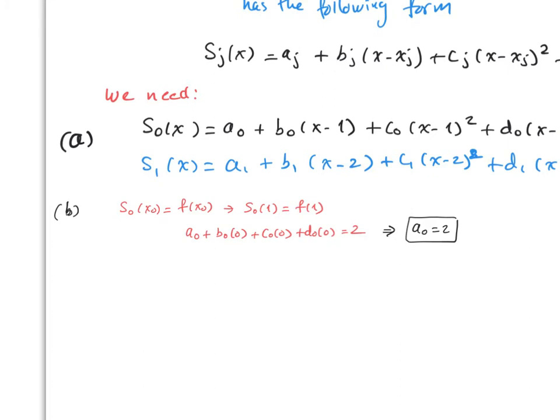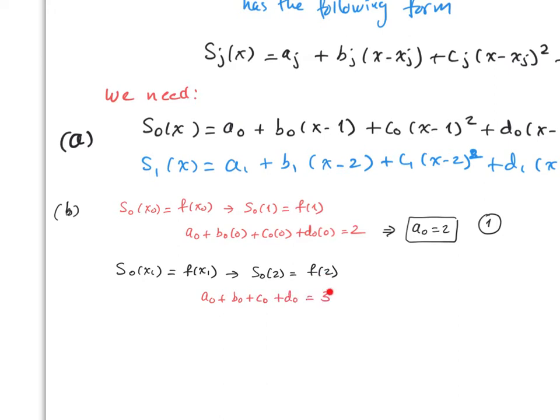Okay? And let's call this equation number 1. Alright, then s0 of x1 should be equal to f of x1. So that implies that s0 of 2 should equal f of 2. So this means now that a0 plus b0 plus c0 plus d0 has to equal 3.